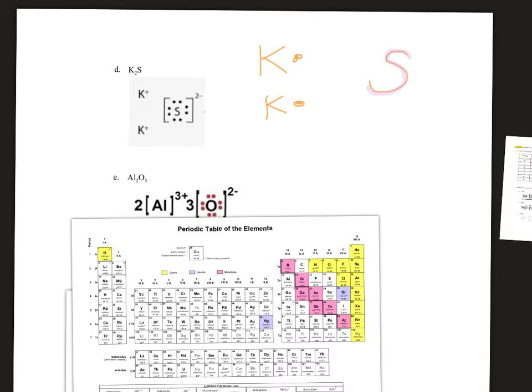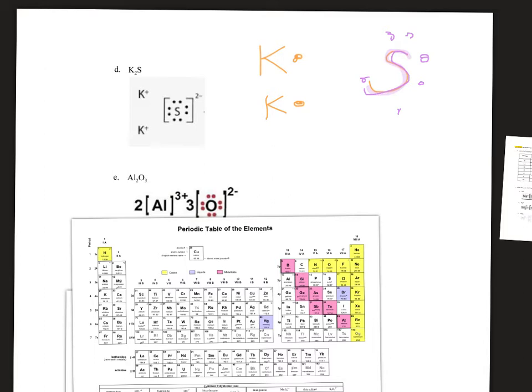Ooh, that's a highlighter, people. So we have the S, which is going to have 6, so it's going to be 1, 2, 3, 4, 5, 6.